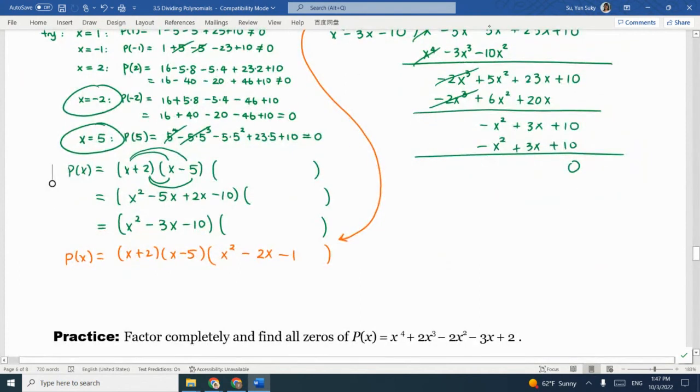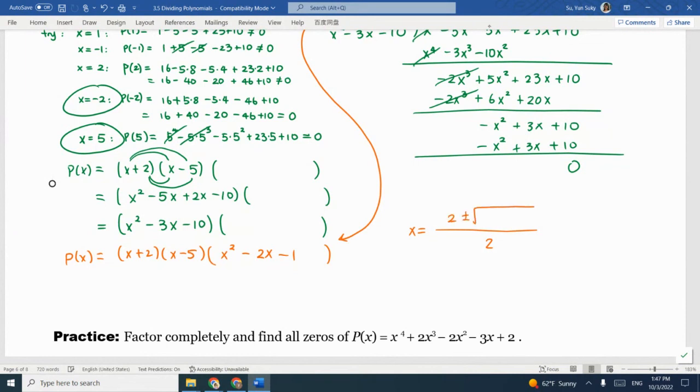So quadratic formula. x equals negative b plus or minus square root of b squared minus 4ac, over 2a. A is 1. Negative b is 2. Plus or minus b squared, 4, minus 4ac. Do you see c is negative 1? So the negative become positive.